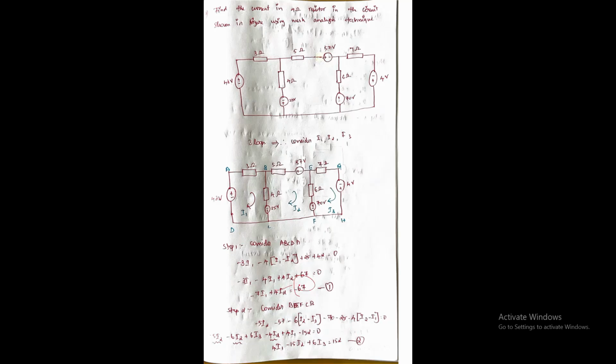So here we don't have the I3 value, so automatically for C1 we mark it as 0. So A1 is minus 7, B1 is 4 and C1 is 0. So constant D is minus 67.